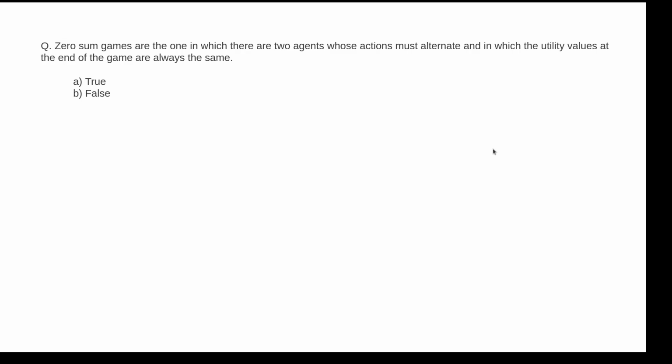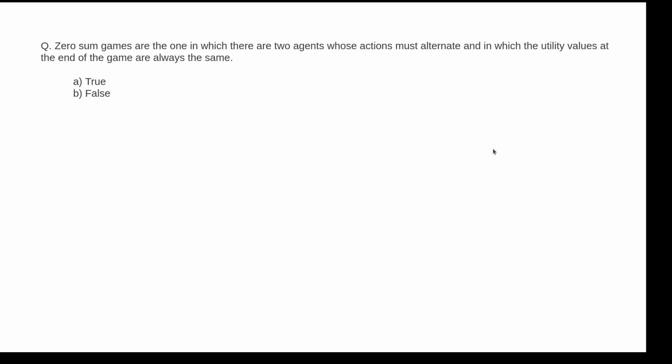Let me discuss the zero-sum game. Zero-sum game means I and my opponent are playing, and at any time the sum would be zero. If I am at a score of 15, he will be at -15.